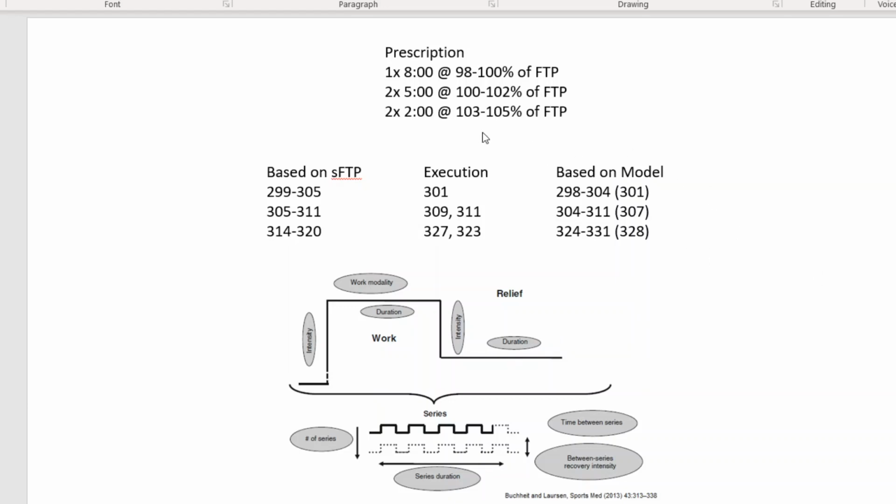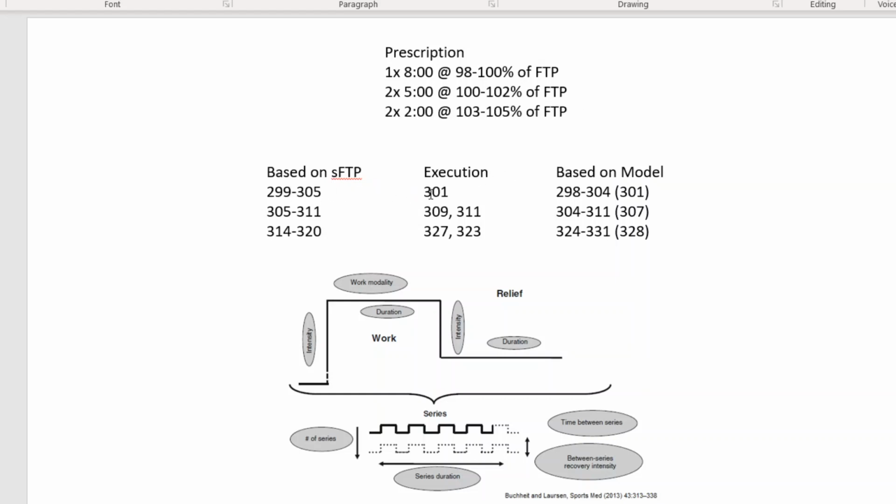Now let's look at how the athlete executed this workout. Realize that there is some determination of the actual execution based on the targets, so it's not just letting the athlete go freeform, but the athlete did go freeform a little bit.